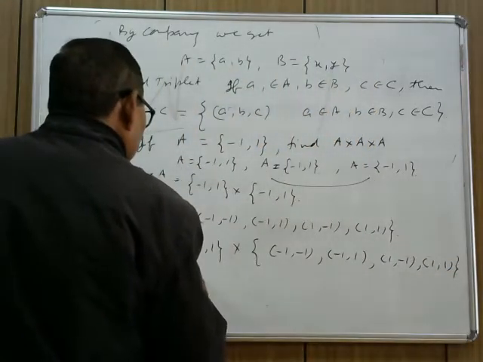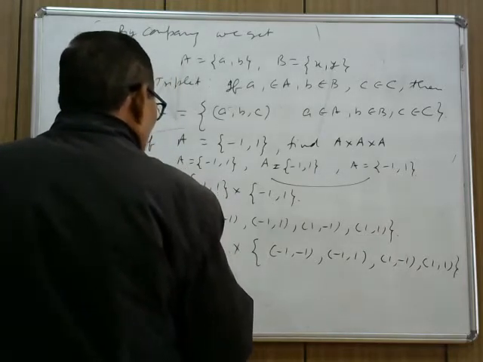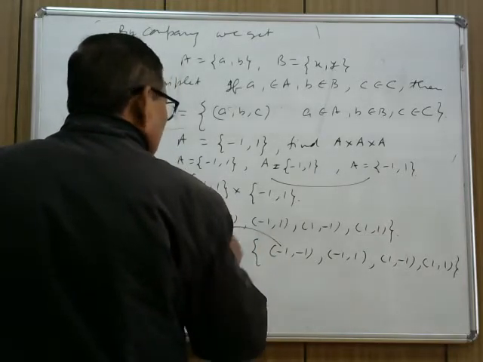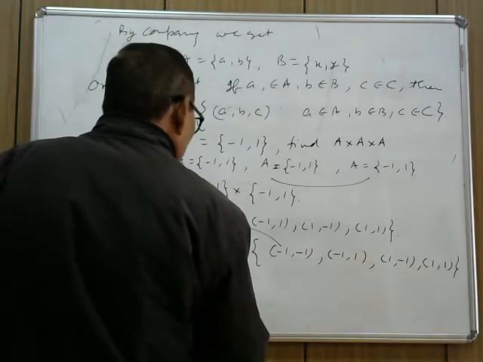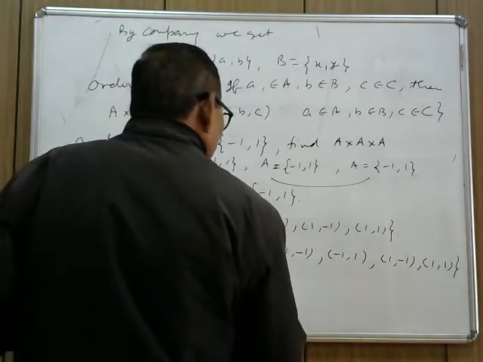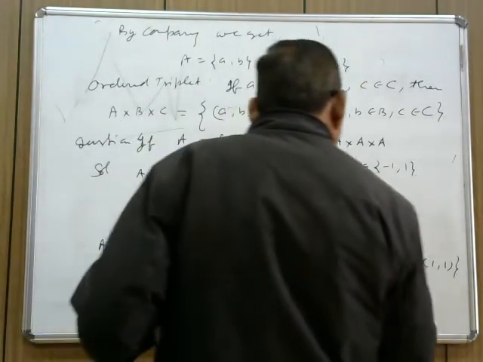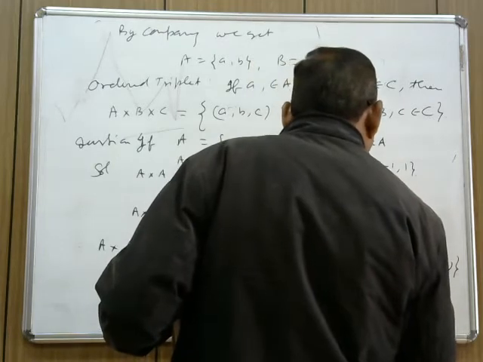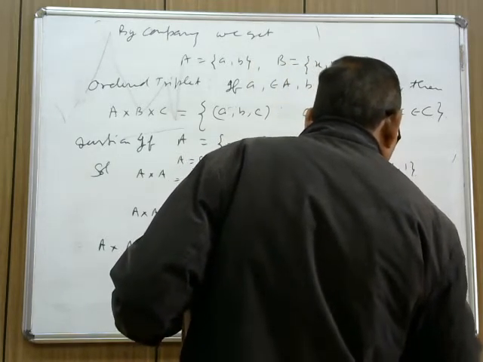So that is equal to, first you correlate -1 with each pair, like this, you go like that. So it is (-1, -1, -1), then (-1, -1, 1), then (-1, 1, -1), then (-1, 1, 1).